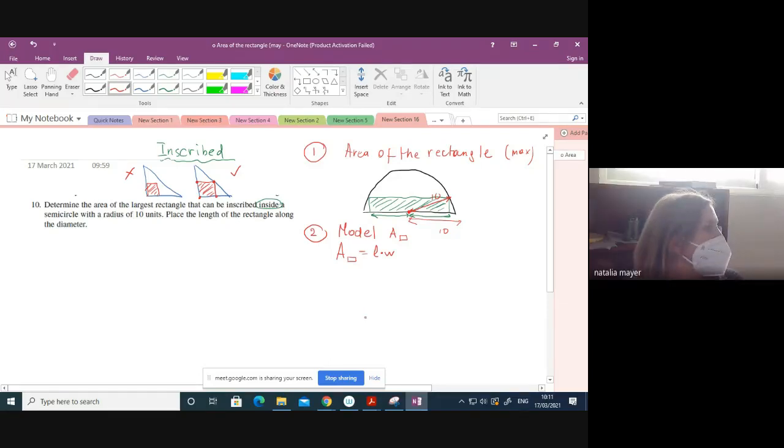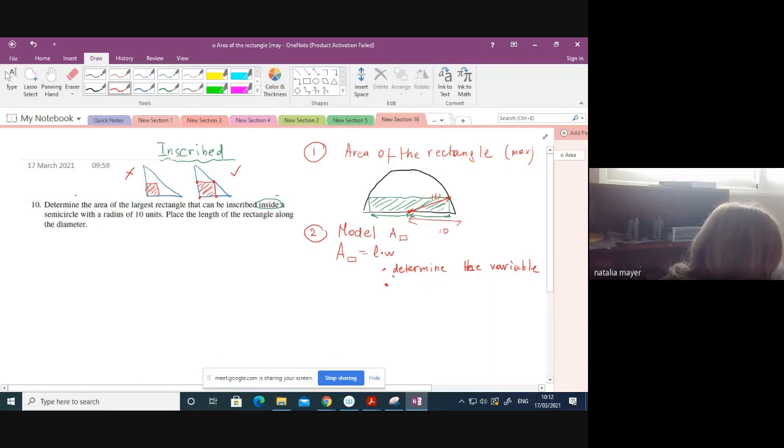So the area is length times width. If I know that the area is length times width, what do you think I'm going to do now? We're going to assign a variable. So we're going to first determine what should be the variable, and then express both dimensions in terms of the variable.